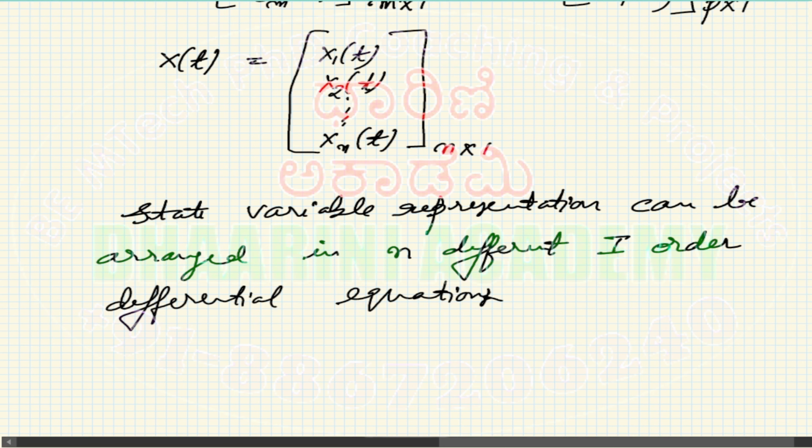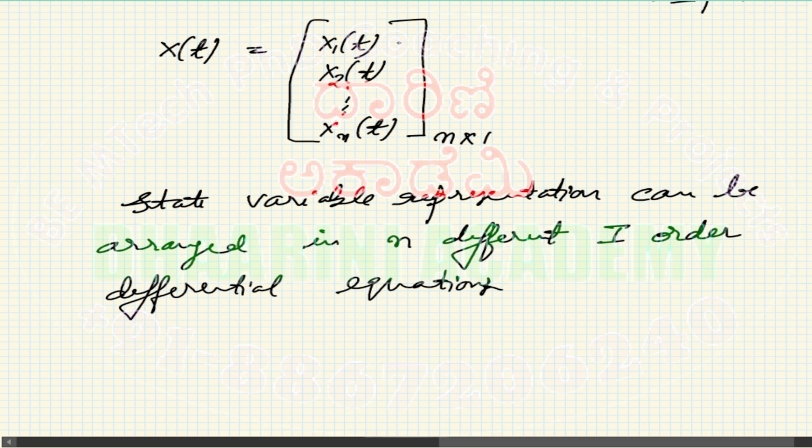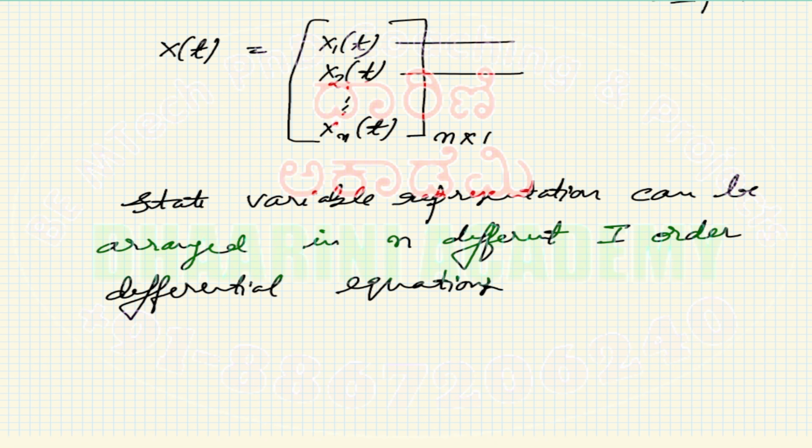So x1 can change, you can calculate dx1 by dt, correct? X2 can change, you will write another equation dx2 by dt. Like that I have n different equations, so definitely you can write n different equations. Those n different equations create what is called n different first order equations.